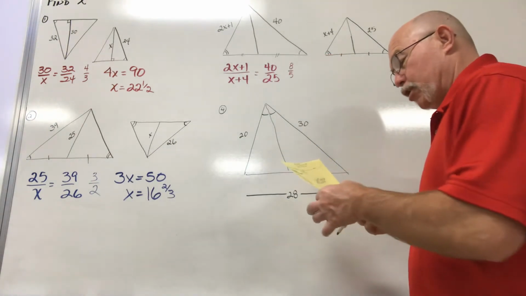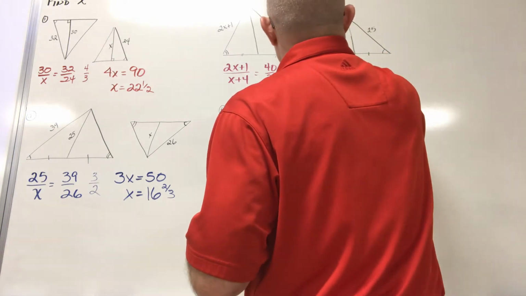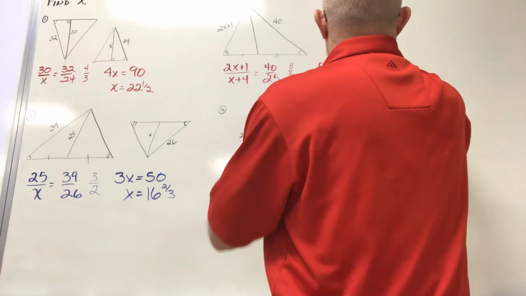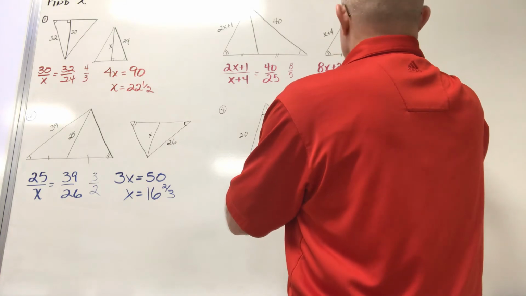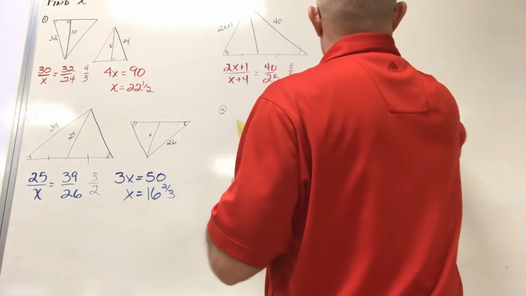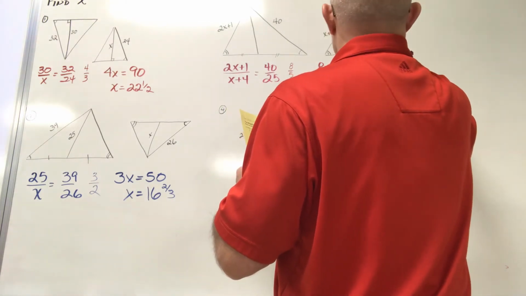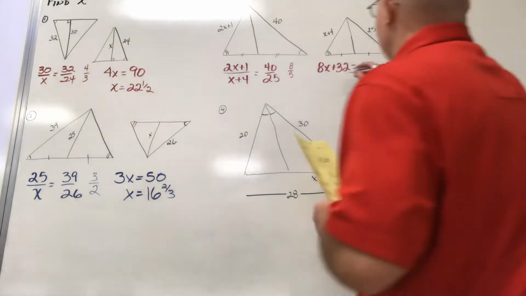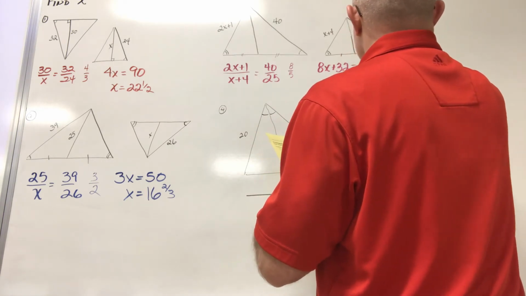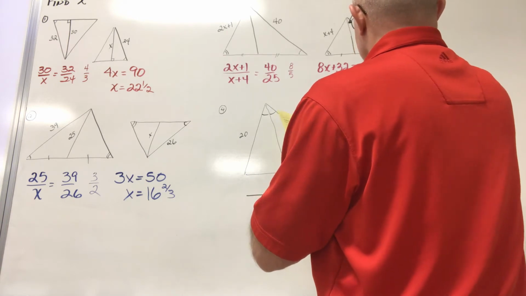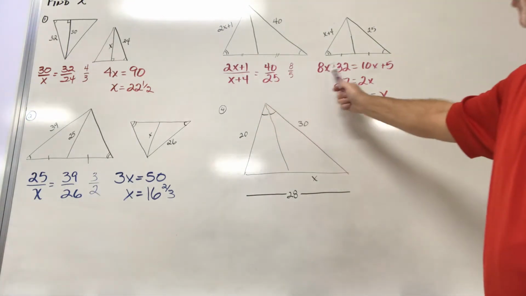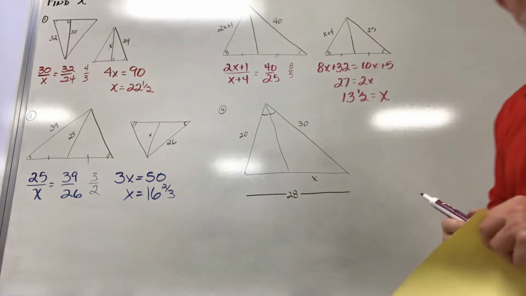Don't forget to distribute. Remember, 8 times both, 5 times both, and then we just solve for x.